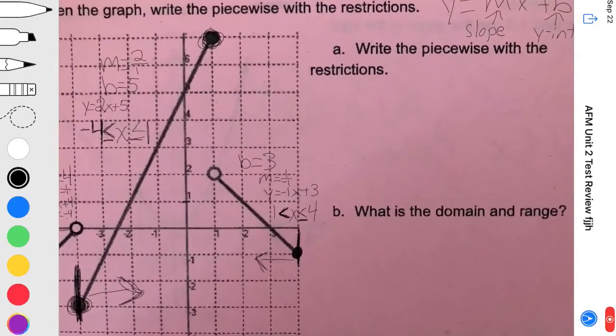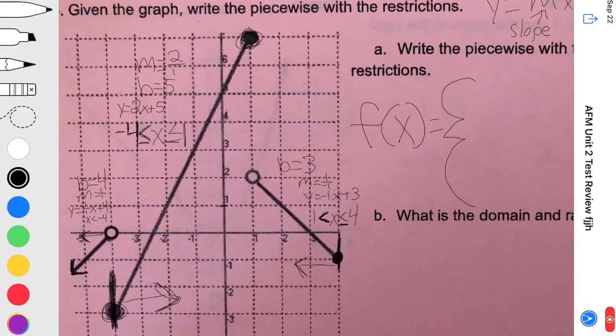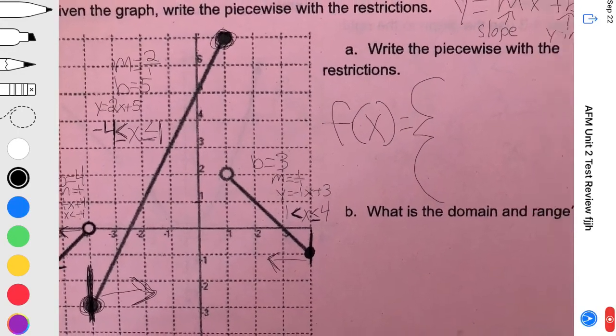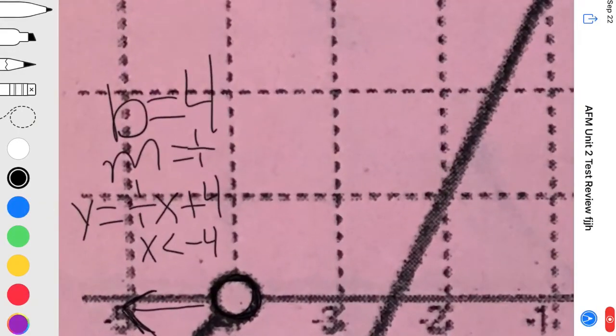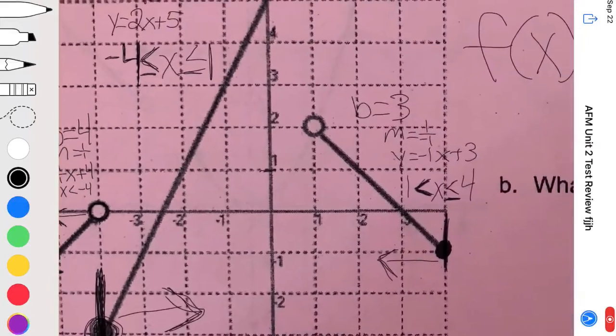So once I've finished all that, I can finally create my piecewise with my restrictions. f of x equals squiggly brace. I've got my equation for step 1 as y equals 1 over 1 times x plus 4. 1 divided by 1 gives me just 1. And 1 times any number is just itself.